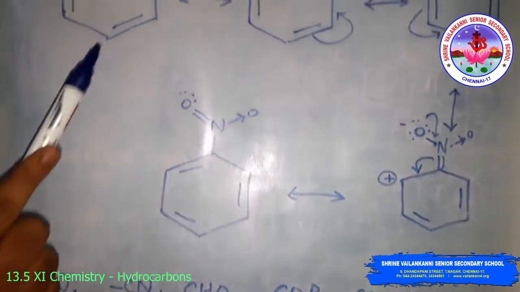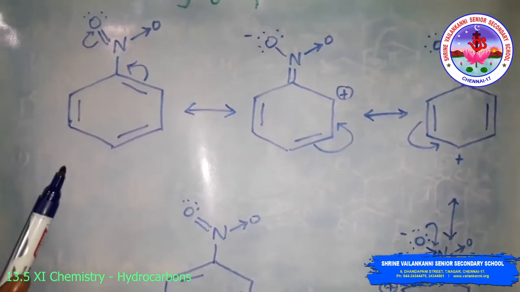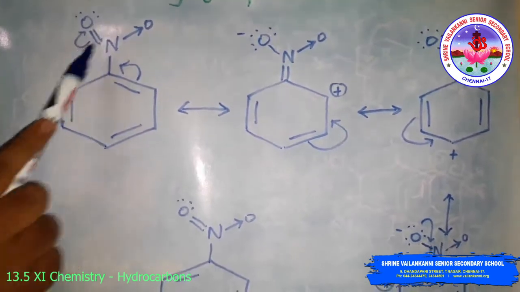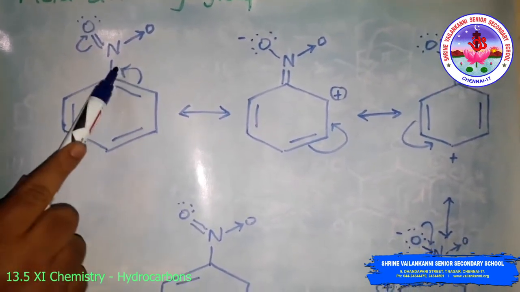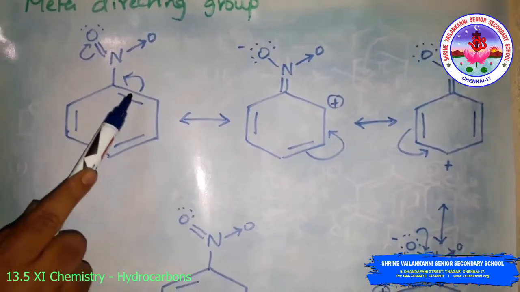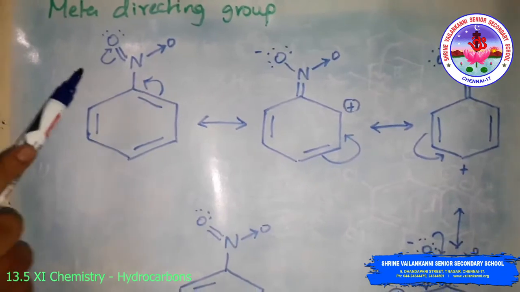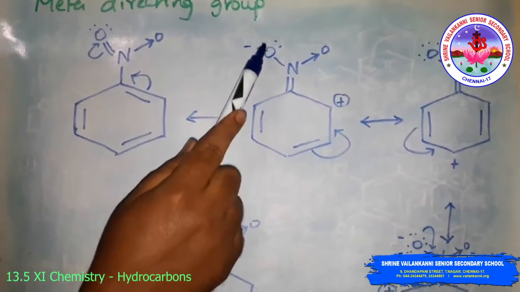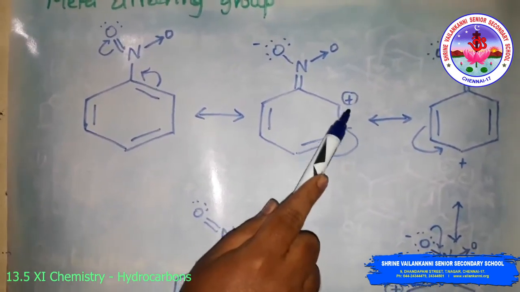Now we'll take the example of the nitro group. The nitro group reduces the electron density in the benzene ring due to its strong minus I effect. In nitrobenzene, the resonance hybrid is like this. See, the NO2 I'm going to write like this. First the bond is split and shifted here, this double bond gets broken, and a negative charge is created on this oxygen atom. So positive charges are created at the ortho position.